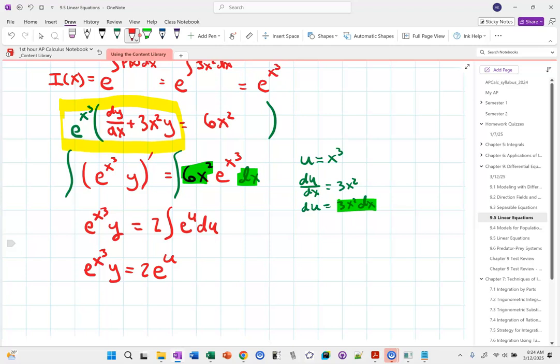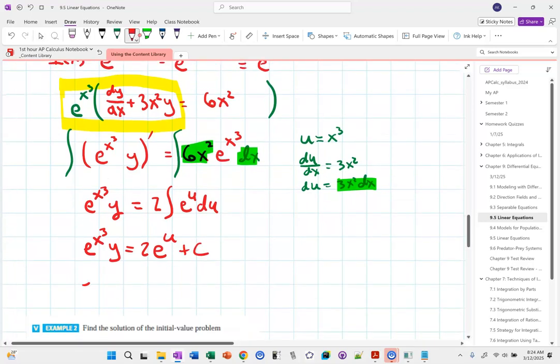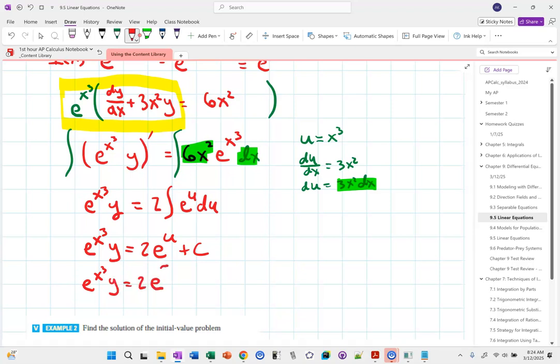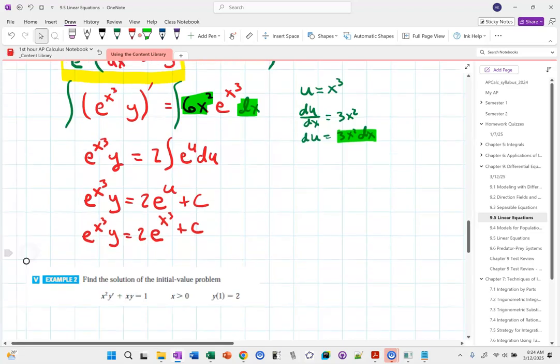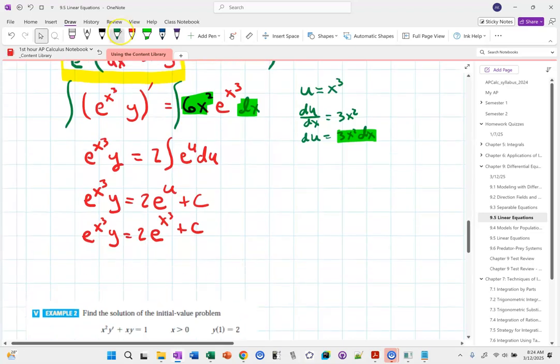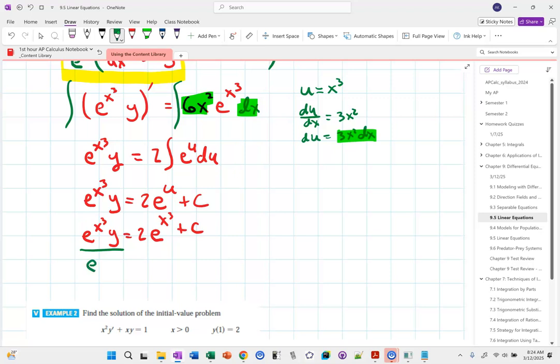The antiderivative of e to the u is just e to the u, and then I get my plus c. So we got to put our u back in. And then last step will be divide both sides by e to the x cubed to get the y by itself.